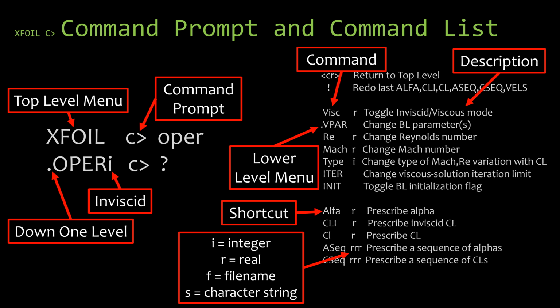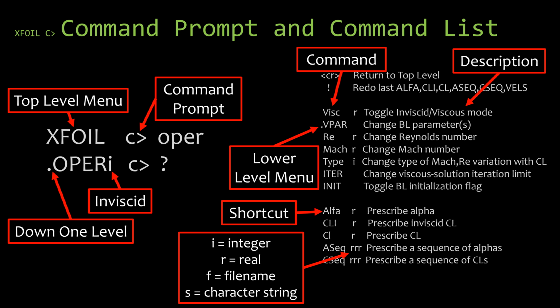So that's what the shortcut is, right? Because alpha has a capital A, then a lowercase LFA, I don't have to type in the whole command. I can just type in A and it would perform that command. And keep in mind that it is case insensitive, so it doesn't have to be a capital A. I can type in a lowercase a and it'll do the same thing.